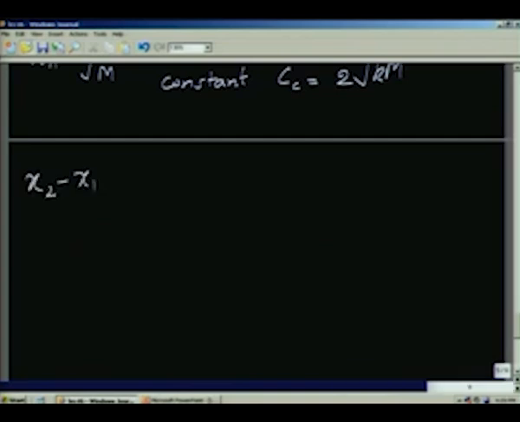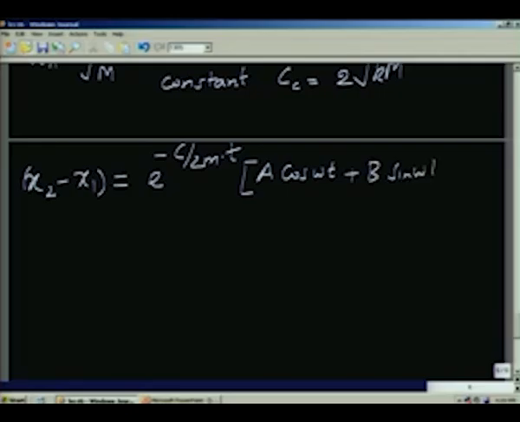The solution x2 minus x1 can be shown to be given by e to the power of minus c by 2m into t, into (a cos omega t plus b sin omega t), and you notice that the e to the power of minus c by 2m into t, this is the damping part, and it is going to reduce with respect to time.